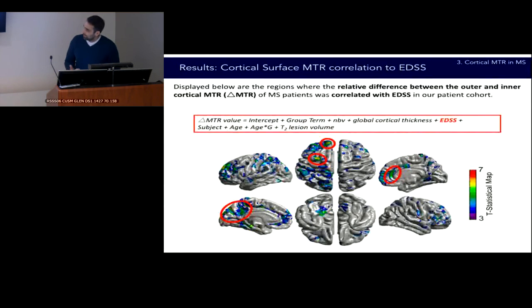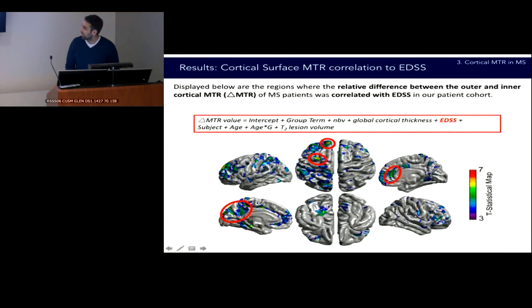And finally, we wanted to try to relate this to clinical disability, the Composite Expanded Disability Status Scale score, which I talked about in my 7T data. In this case, what I'm showing is not the vertex-wise difference on a particular layer between MS patients and controls, but the difference between the inner and outer cortical MTR, and how this is correlated with various metrics, including EDSS.